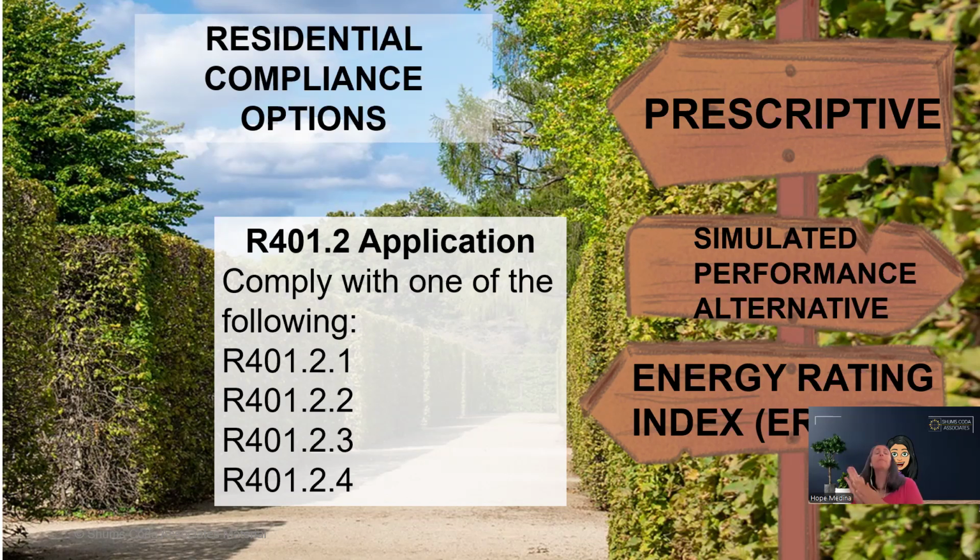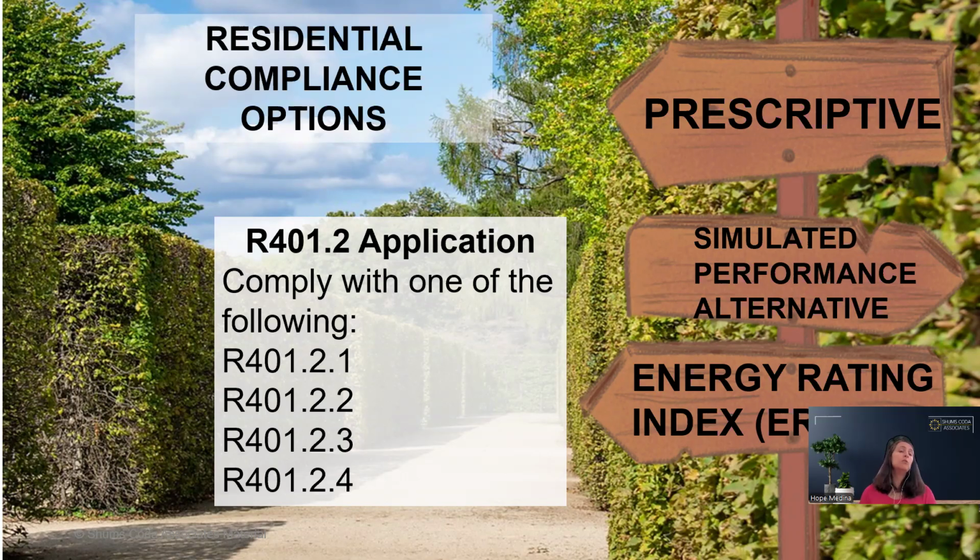All right. So when we talk about the compliance path, there are a couple of things. Of course, we have 105.2, which was previously section 103.2, that said the compliance path has to be listed on the plans. But what exactly are our options when it comes to the compliance path?